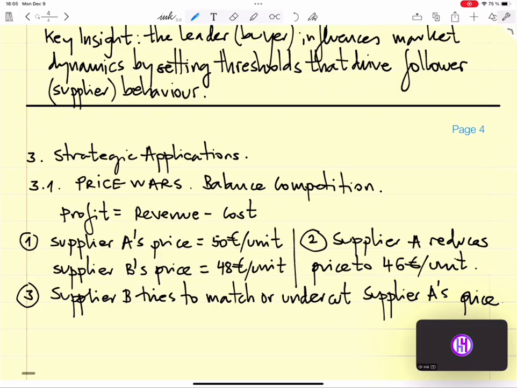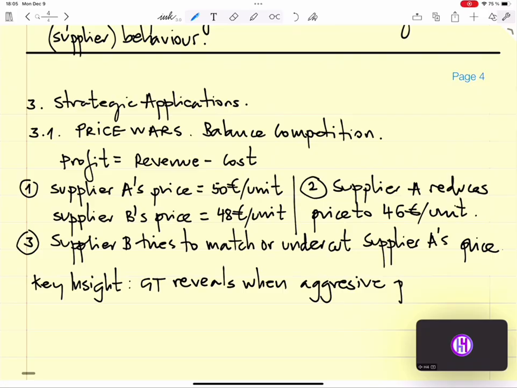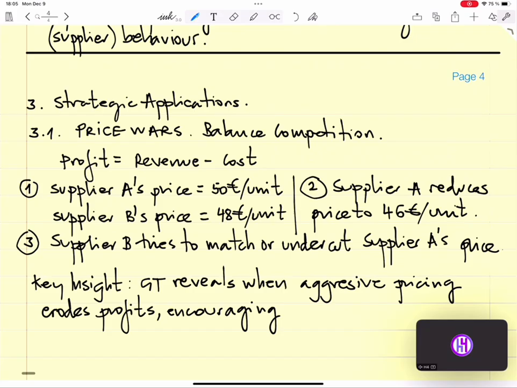So here the key insight is that game theory reveals when aggressive pricing erodes profits, encouraging suppliers to differentiate rather than compete.